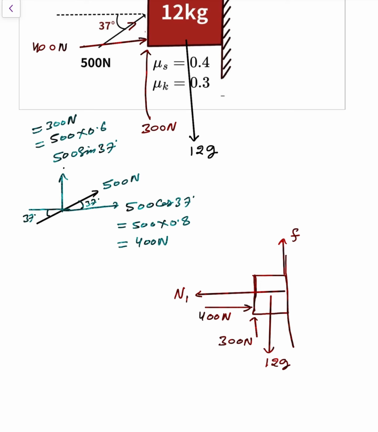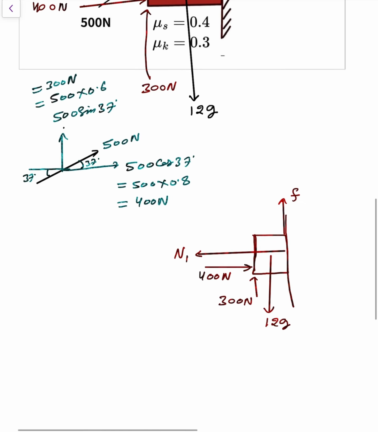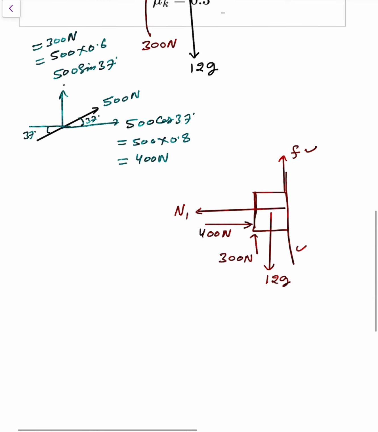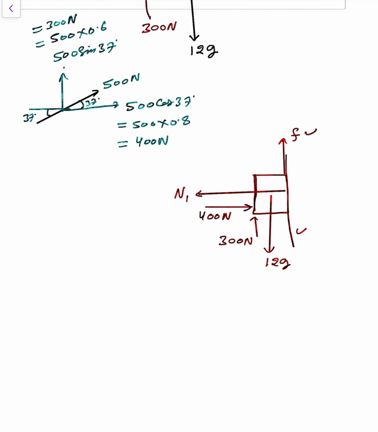Now frictional force is basically decided by driving force, whether it works here or here. First of all, see what about driving force. Okay, driving force is 300 minus, if g is 10, then 120.